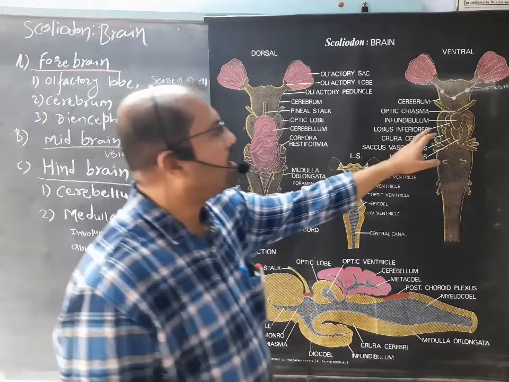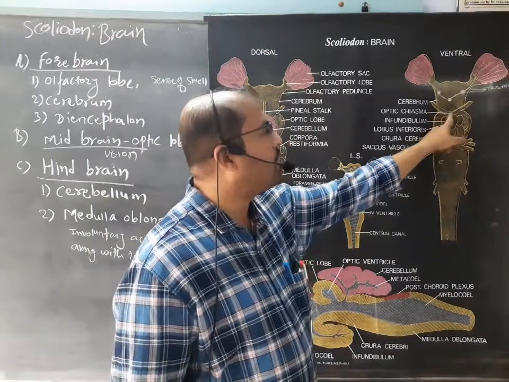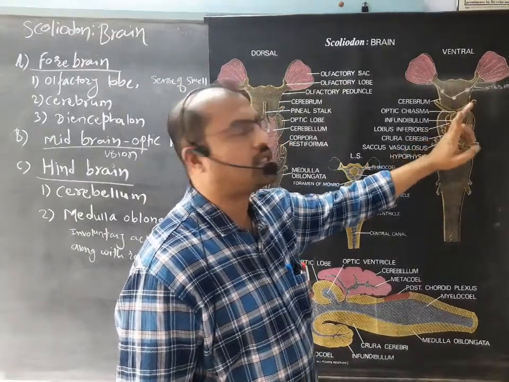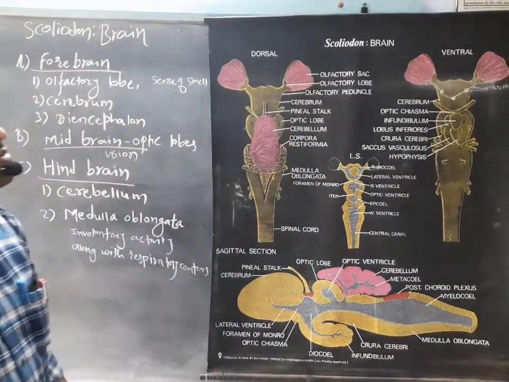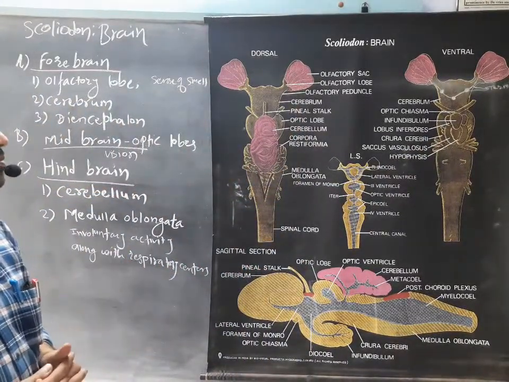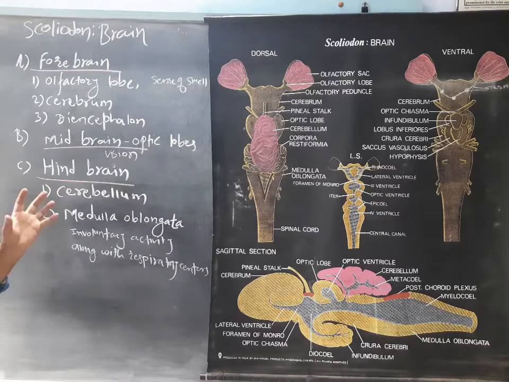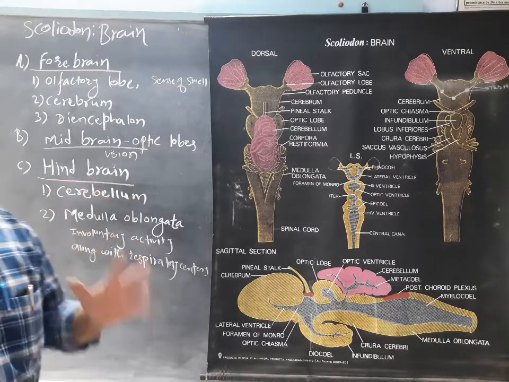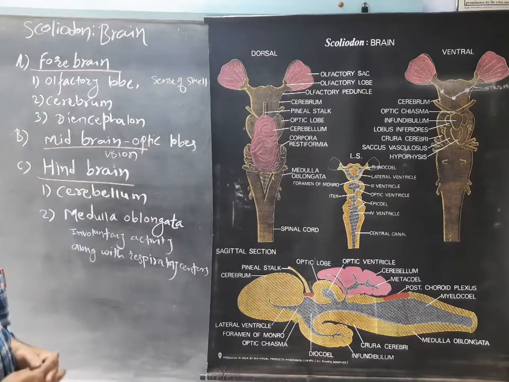And the optic nerves arise, crossing to form a chiasma-like structure, the optic chiasma. This is in the diencephalon, just to the sides of the cerebrum. So this is about the optic lobe. In case of the hindbrain, it helps to control the muscles as well as the balance, muscular control as well as the balance of the individual.